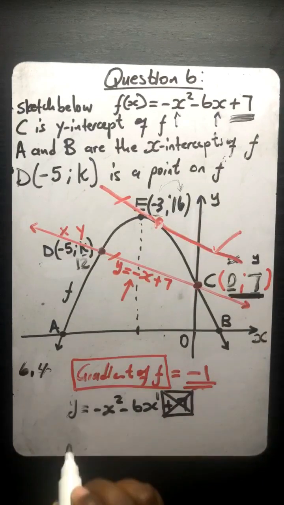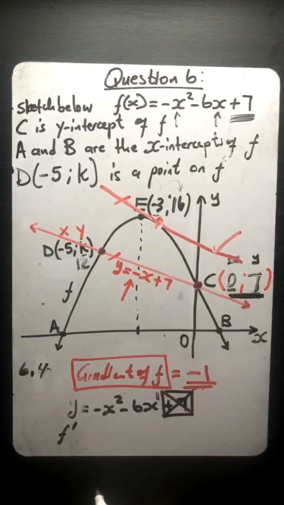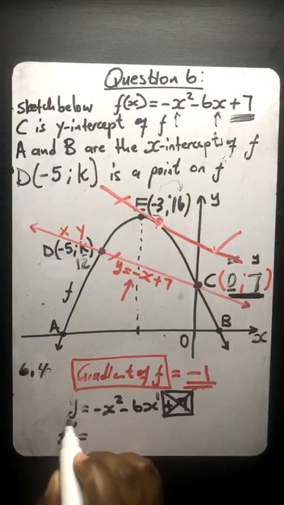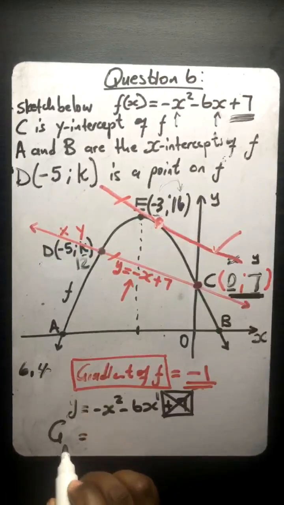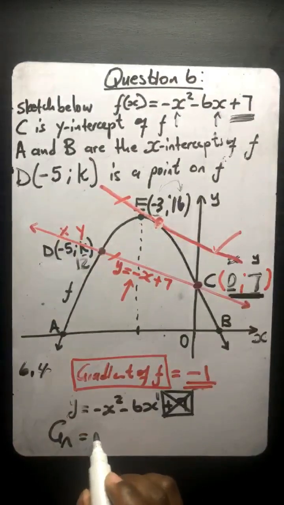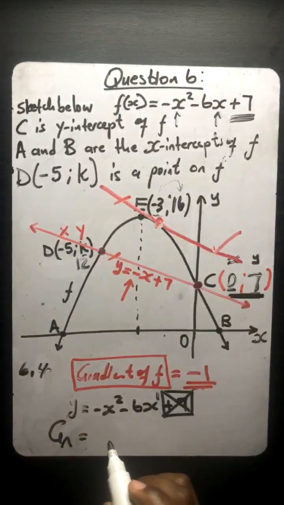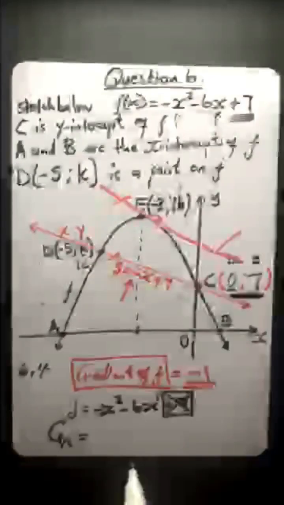So when you differentiate, that's how you calculate the gradient of a parabola at a specific point. Let me say the gradient of that parabola is going to be equal to, this is what they say when you differentiate: you take your power and you multiply the coefficient.